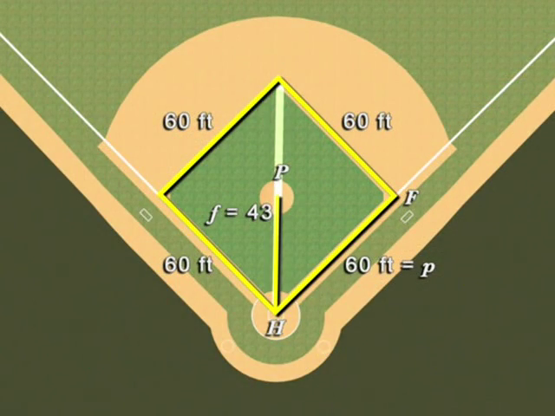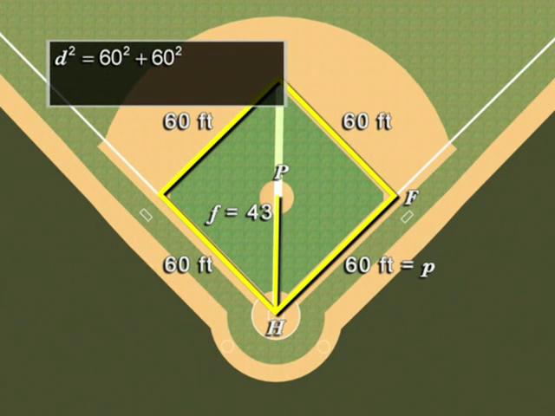So let's do the first question. This will require the Pythagorean theorem, because if you look at the picture, to find d squared, where d is the distance from home plate to second base, that is 60 squared plus 60 squared, all square rooted. You can see a right triangle with sides 60 by 60 and the right angle at F. And then the hypotenuse would be the line from H going through P and intersecting second base.